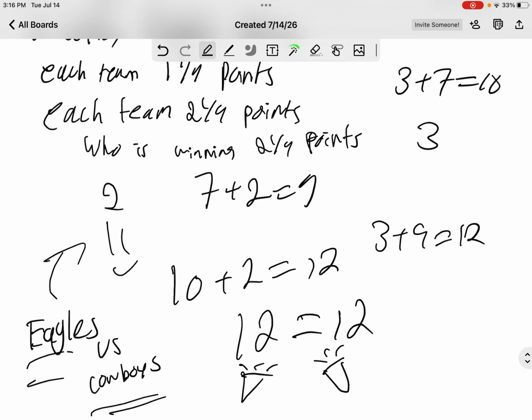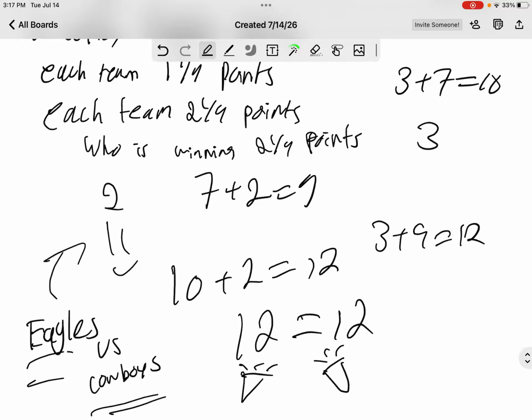So, we can group the points scored by each team in the quarters. We have Eagles first quarter plus Eagles second quarter equals the Cowboys first quarter plus the Cowboys second quarter. Or we could just write 3 plus 7 plus 2 equals 3 plus 7 plus 2.